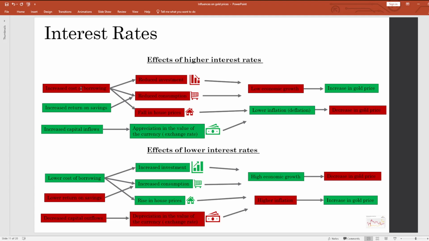So if the cost of these debts, if the cost of borrowing increases, you naturally get reduced investment.